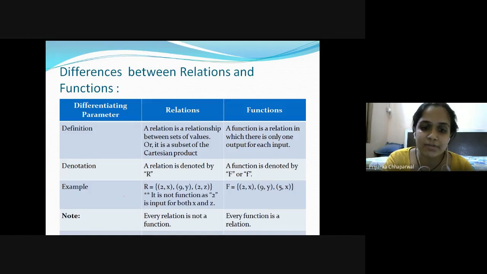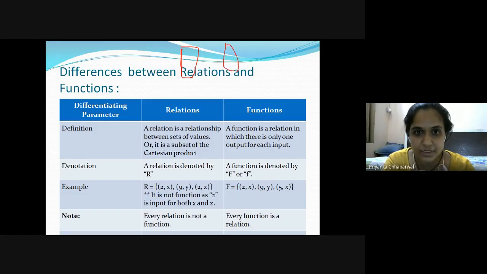And what example have we taken? So 2x, 9y and 2z. Here we take first values represent set A, second values represent set B. So it is not a function. Why is it not a function? So 2 is the input for both x and z. Suppose it is our Venn diagram. Here I want to draw.